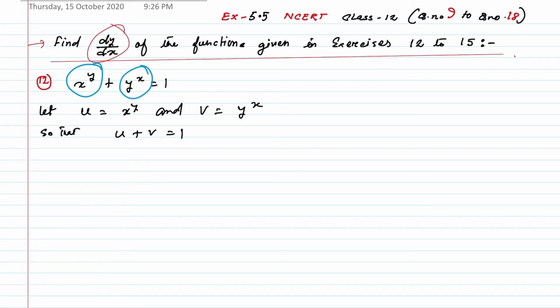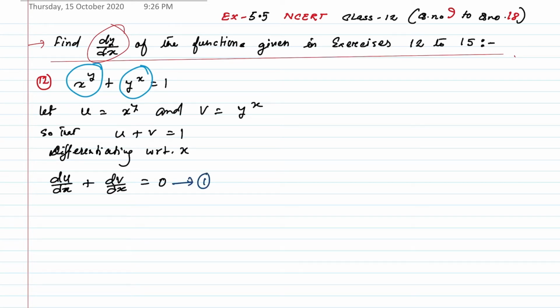So here if we differentiate with respect to x, we will get du by dx plus dv by dx is equal to the derivative of 1, which is 0. Okay, so this is equation number 1.